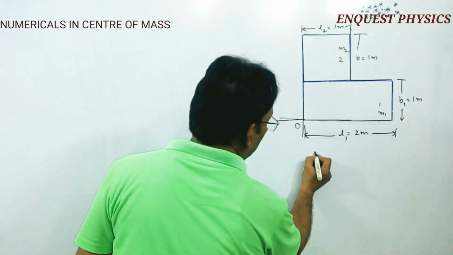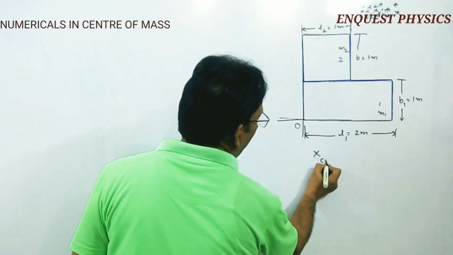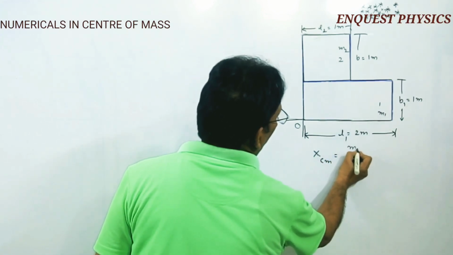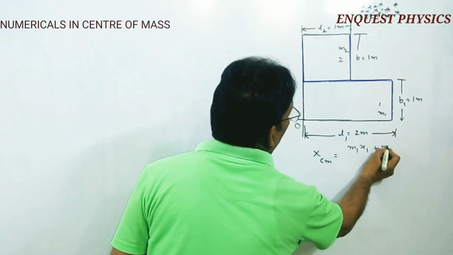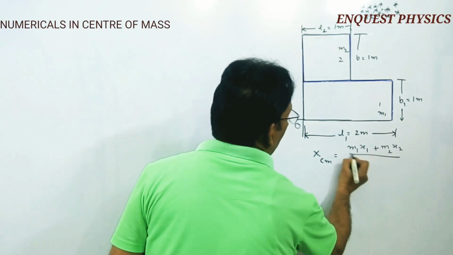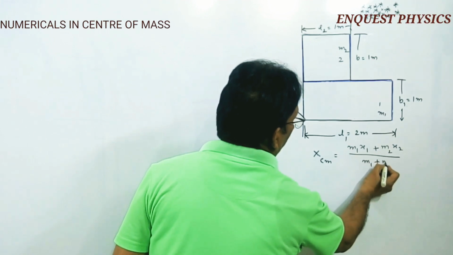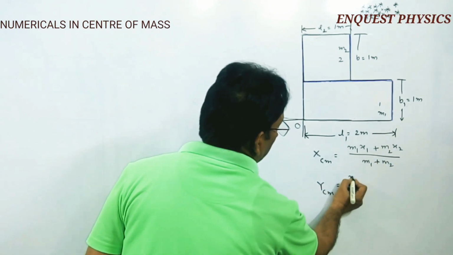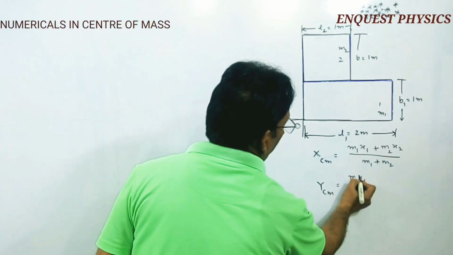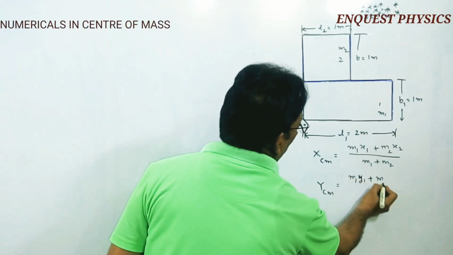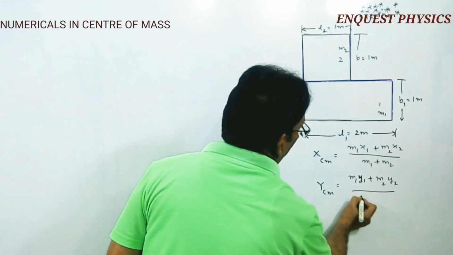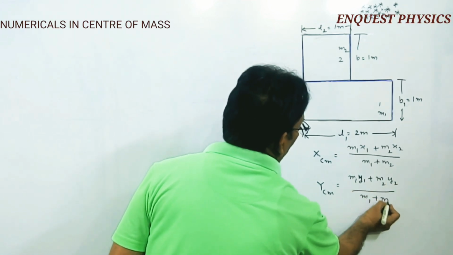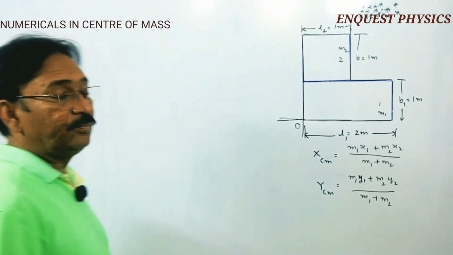As usual, you know that XCM is equal to M1 x1 plus M2 x2 upon M1 plus M2, and similarly YCM is equal to M1 y1 plus M2 y2 upon M1 plus M2. It's a two-body system.